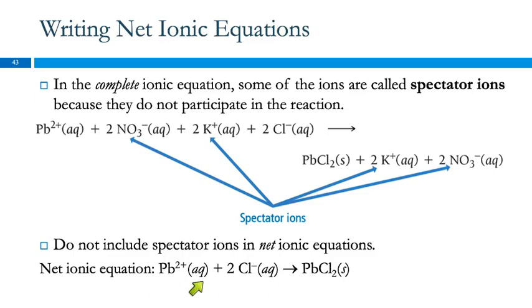But this is the bottom line. The net paycheck is what you actually get to put in the bank and do stuff with, right? So that's the important thing. So when we cross off the spectators, what we have left, we just copy down, and that's the net ionic equation. Any questions?